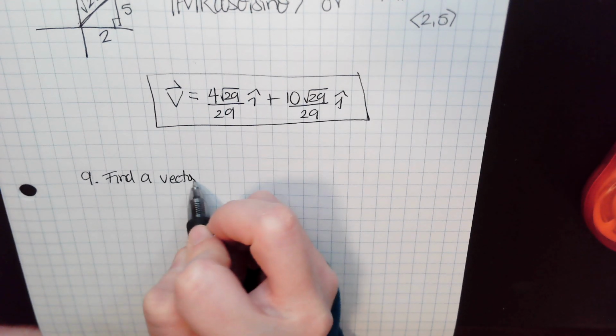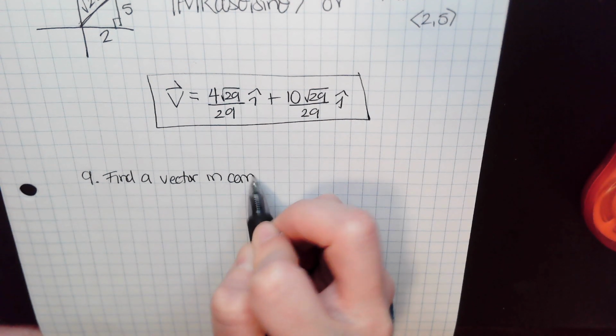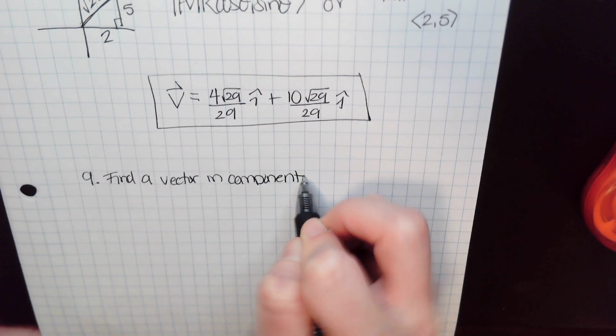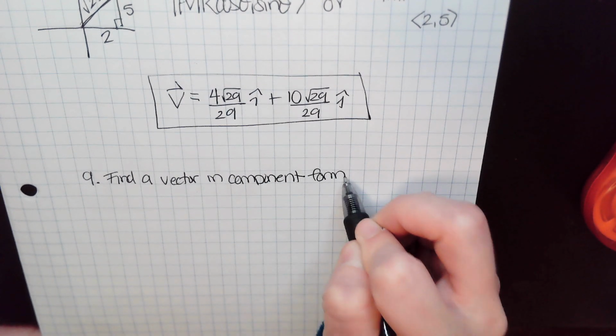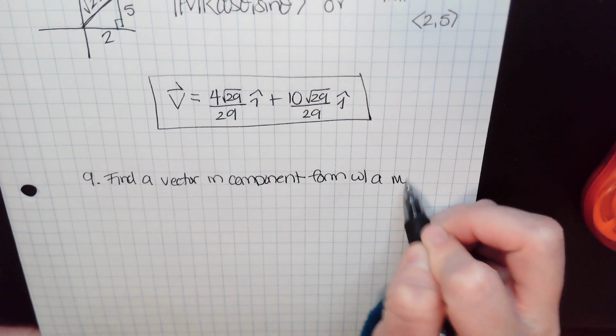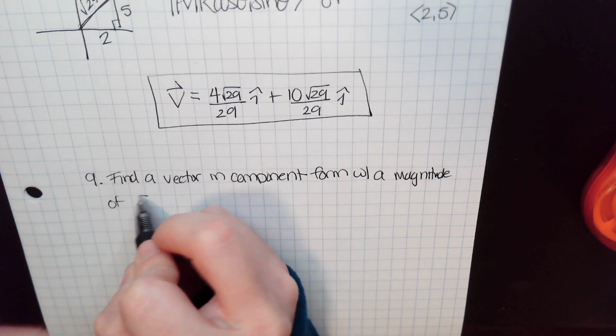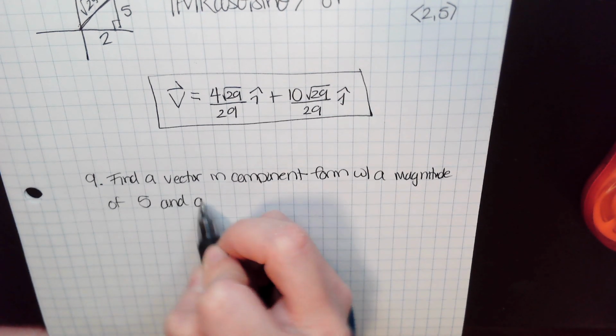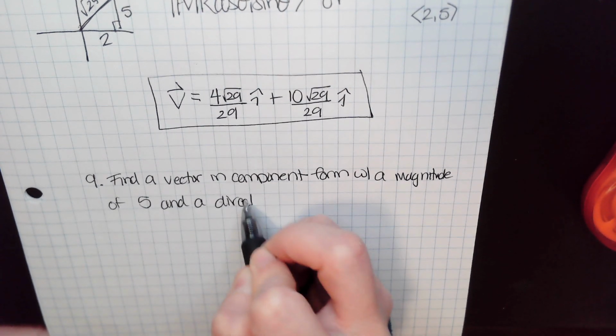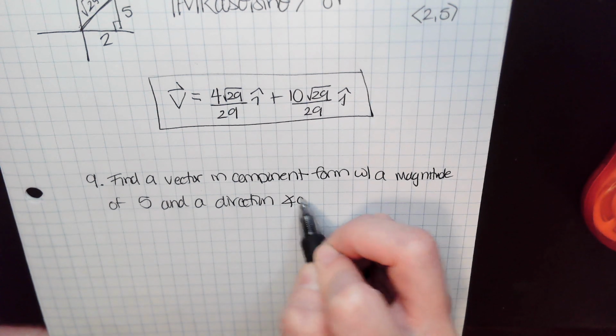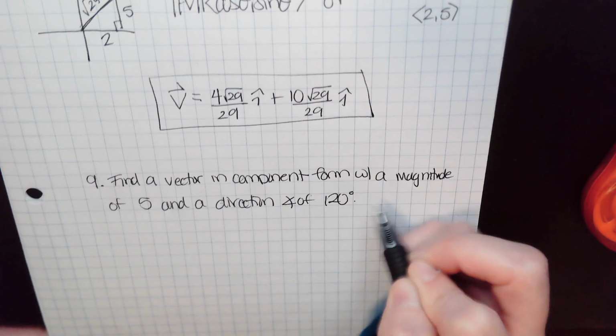Find a vector in component form, so that's with the angled brackets, with a magnitude of 5 and a direction angle of 120 degrees.